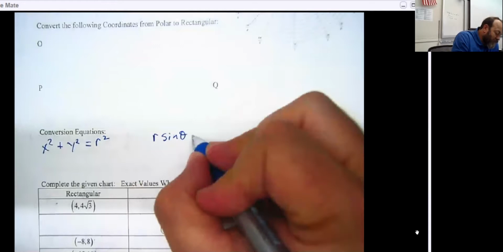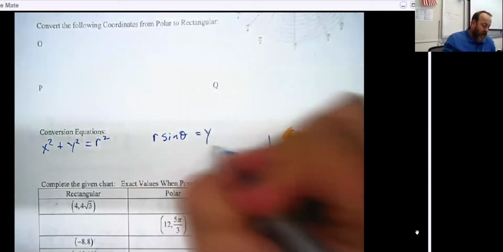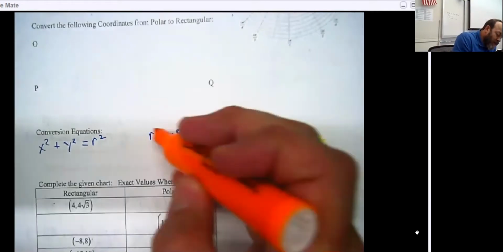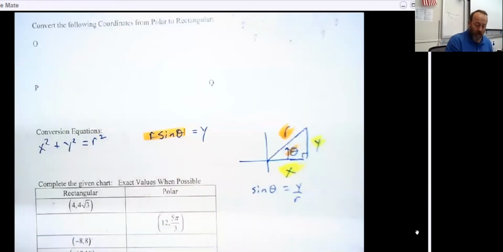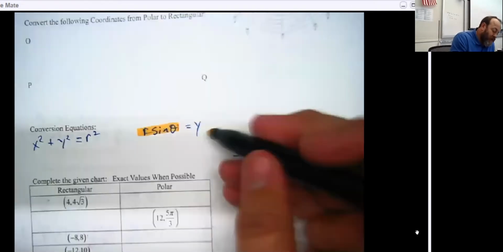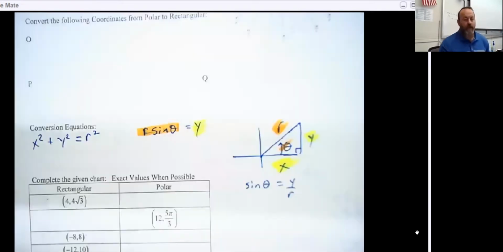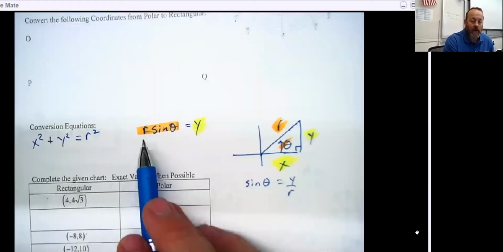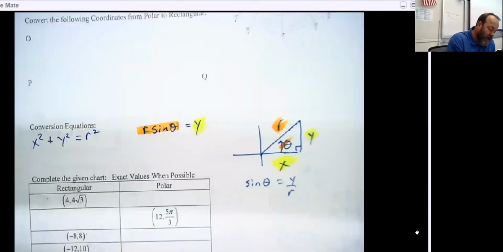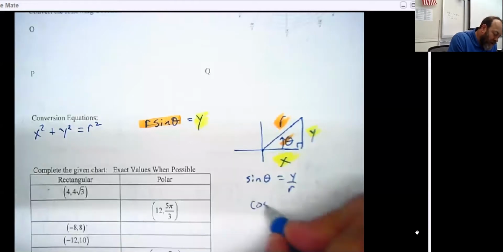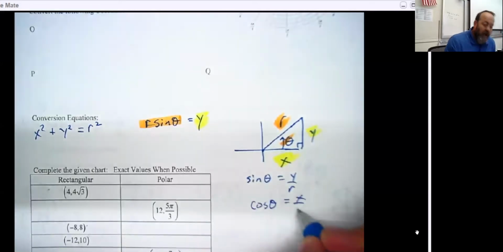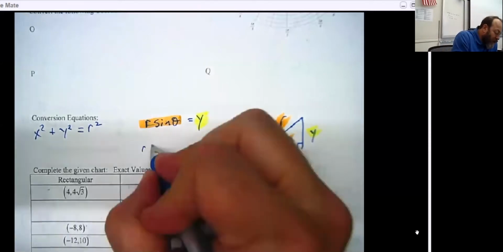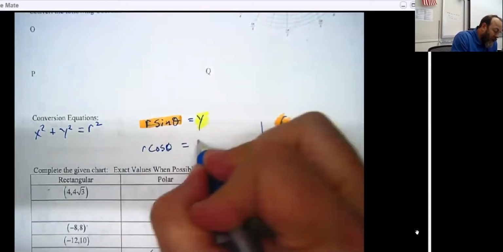So what you can see here is that I have r sine theta, which is 100% the idea of a polar look, and it's been converted over here to a rectangular look. So if you know r and theta, you can get y by taking the r and multiplying it by the sine. And by very quick, easy logic, the cosine is adjacent over hypotenuse. So again, cross multiplying, r cosine theta would be x.